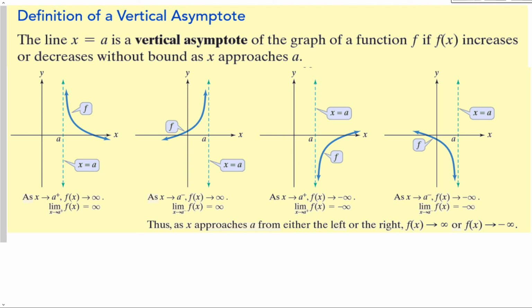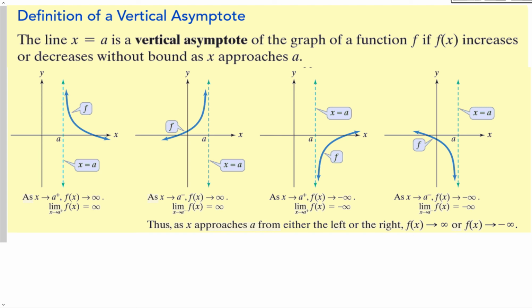The line x equals a is a vertical asymptote of the graph of a function f if f of x increases or decreases without bound as you get closer to that line. With all vertical asymptotes, the graph is either going to go straight up or straight down.